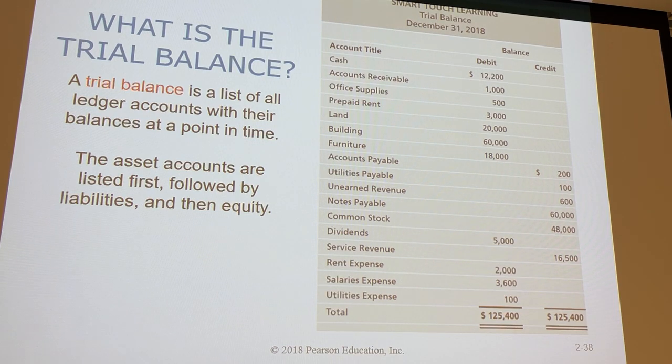So what you do with a trial balance is that you list all of the account names, and then if the account has a debit balance, you put the account balance in the debit column. Likewise, if the account has a credit balance, you put the balance in the credit column.